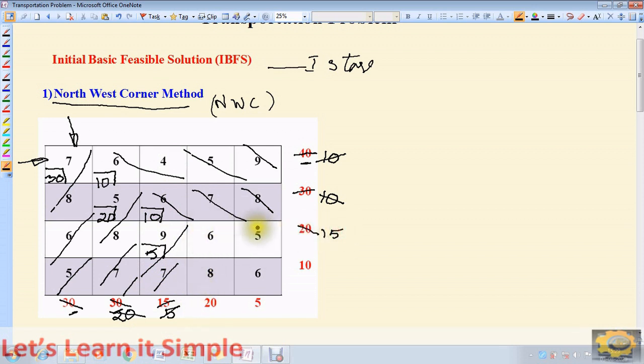Now you have this as the remaining matrix. The northwest corner is this. Compare 20 here and 15 here. The least, 15, can be allocated. You strike off this and I am left with 5 in the fourth column. Looking at the third row, out of 20, 5 and 15 are allocated here, which means the fourth column also vanishes.